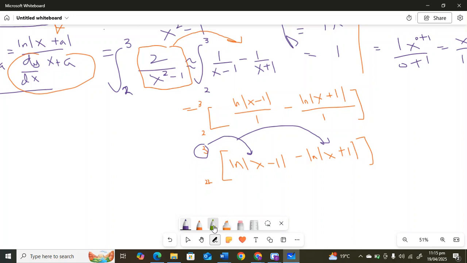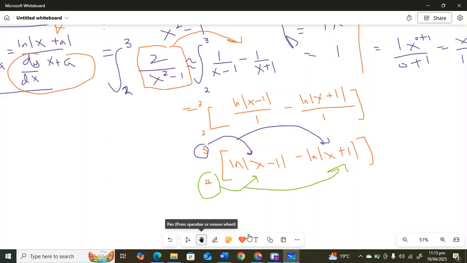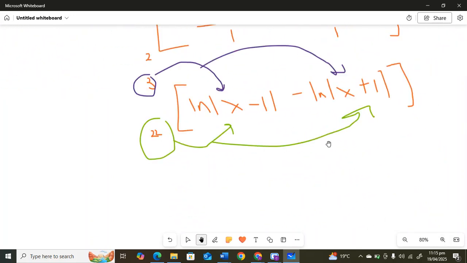Then we subtract from when we substitute these 2 in here and here. The 3 is the upper limit, the 2 is the lower limit. Upper limit minus lower limit.